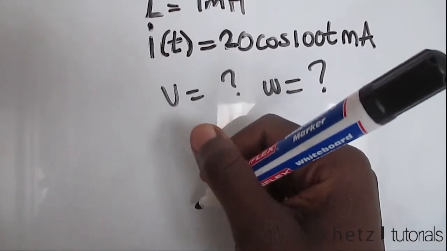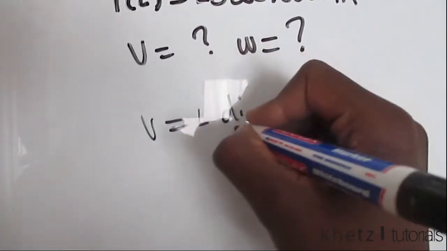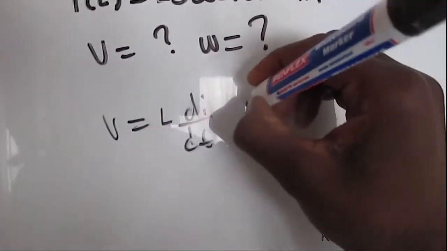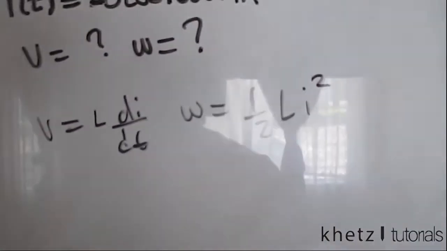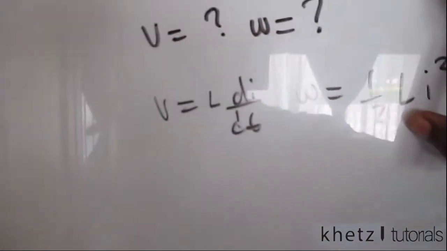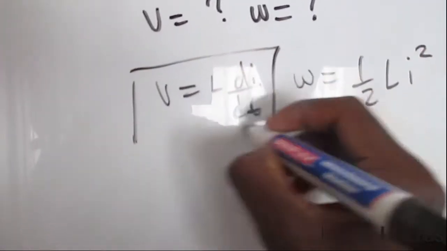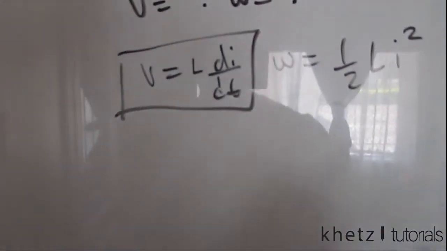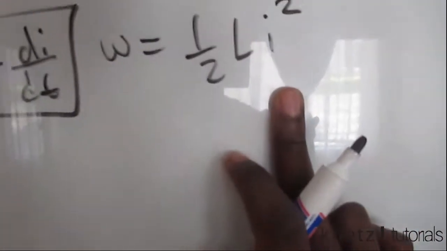For an inductor, V is equal to L di over dt, and energy is equal to half L I squared. These are the two formulas which we're going to find useful. All we have to do is plug everything into these two formulas.